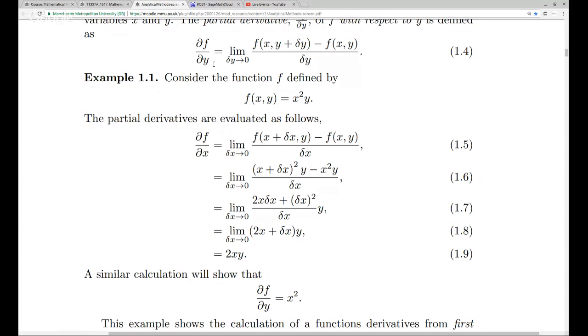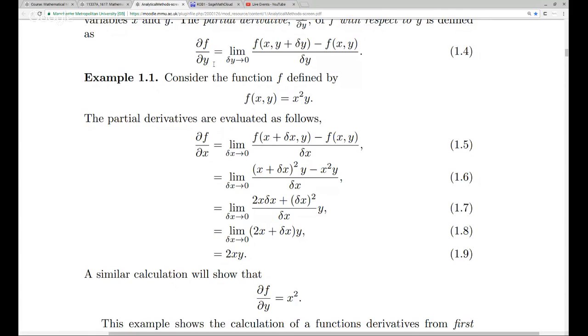You're taking the limit as delta x goes to 0. There's delta x above the line and below the line, so you cancel those out to simplify the expression. And then you find it's 2x plus delta x, all multiplied by y. And that is well behaved as delta x goes to 0. This bit is just going to disappear, converge to 0, and we'll be left with 2x times y.